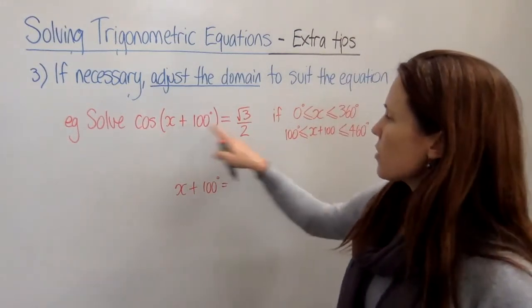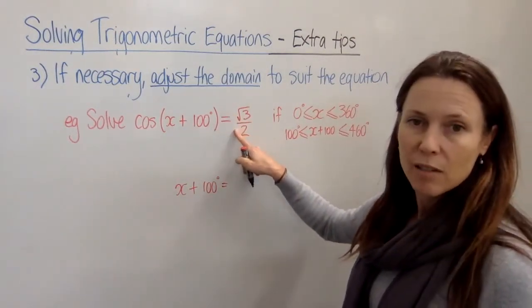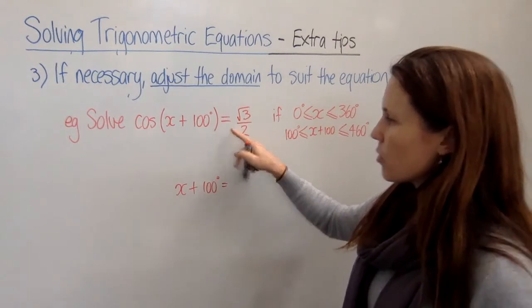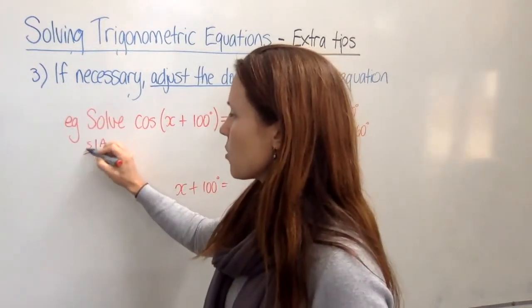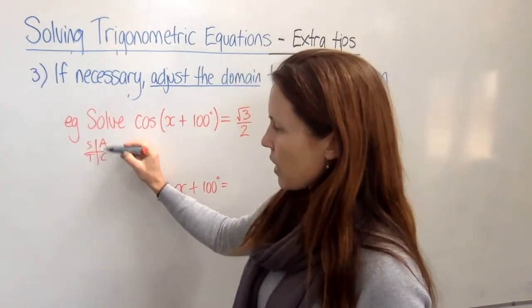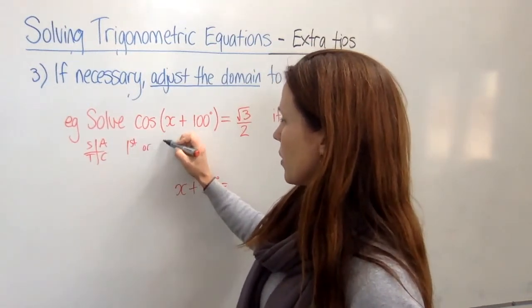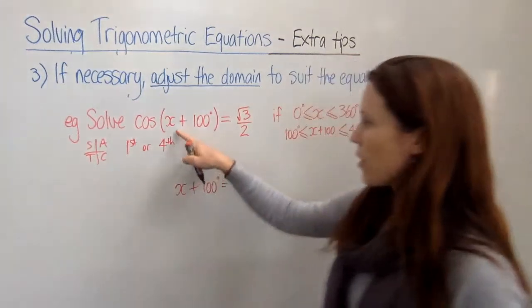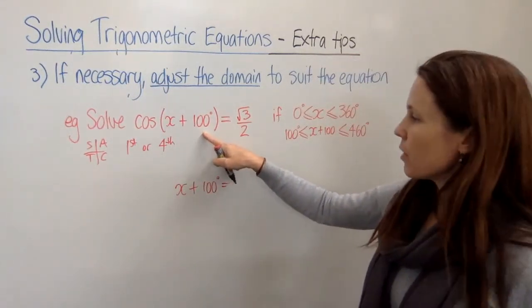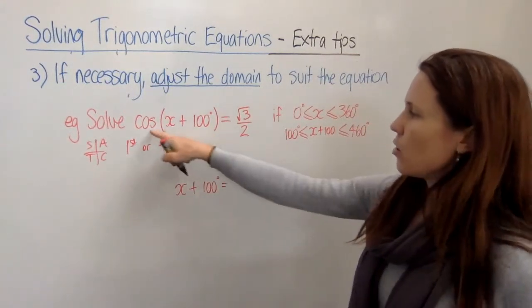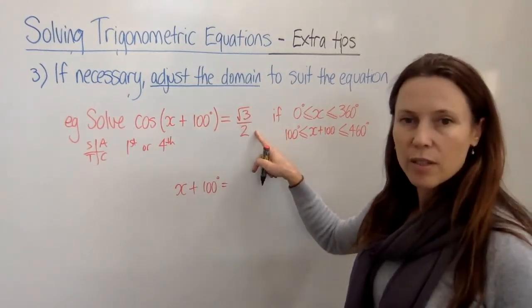Okay, so cos is positive here, that's our first clue. So thinking through the quadrants, we've got all stations to central, cos is positive here and here. So it means we must be in the first or the fourth quadrant for our x plus 100 degrees. Okay, so cos of something is root 3 on 2. This is a familiar one to me.